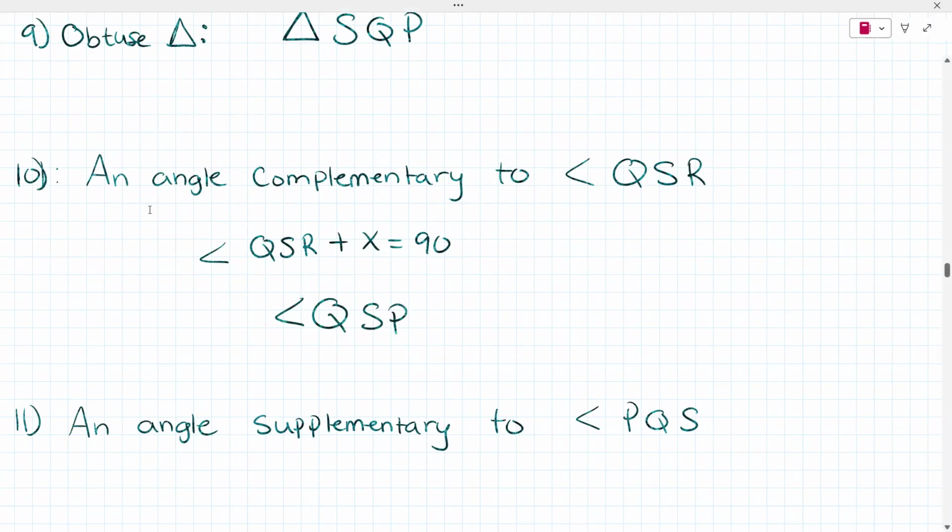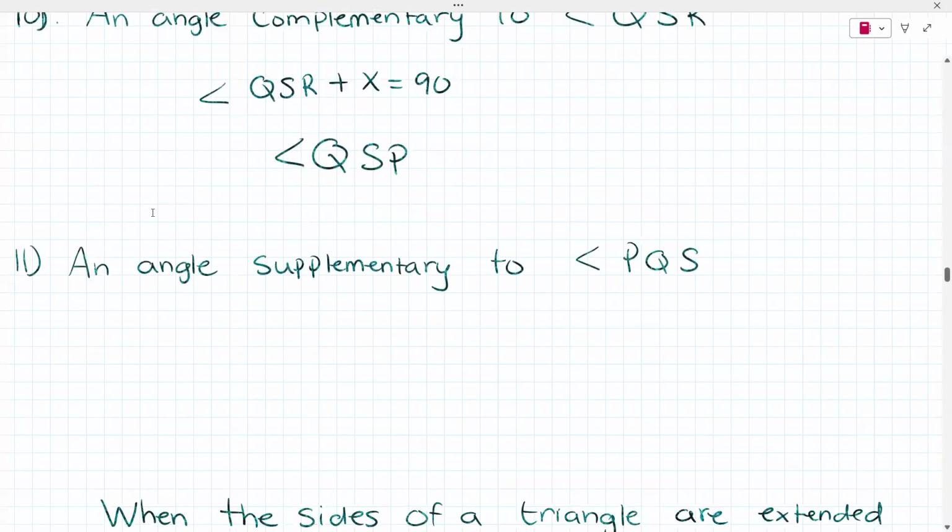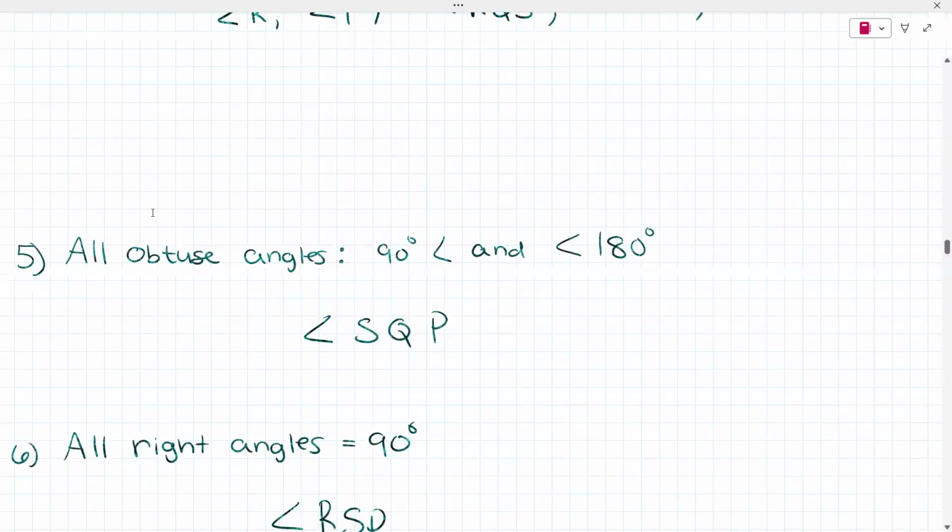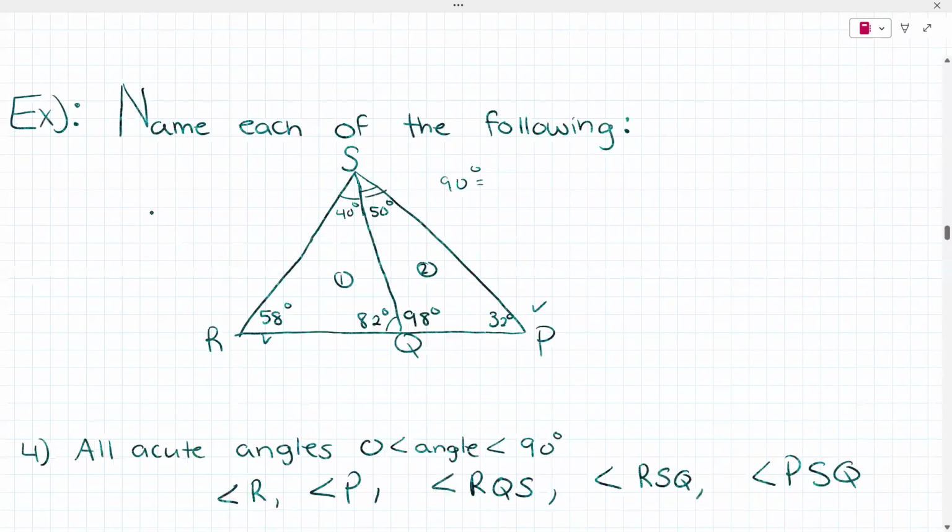Okay, number 11, an angle supplementary to angle PQS. Supplementary means add up to 180. So first, locate where angle PQS is. PQS. So this one, PQS, that's 98. Remember, 180 is like a straight line.